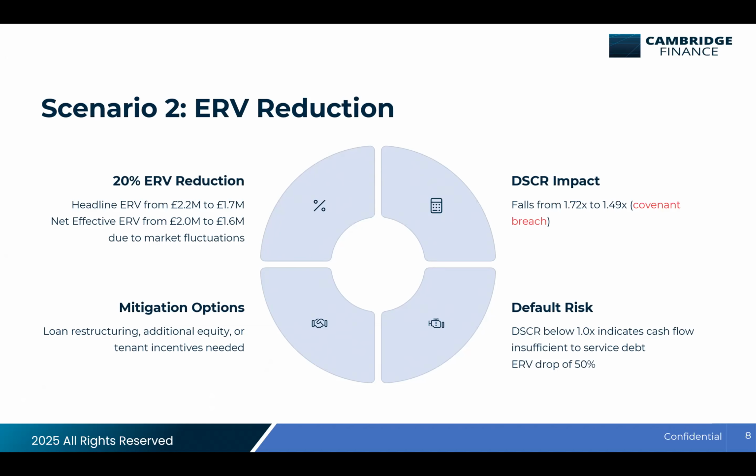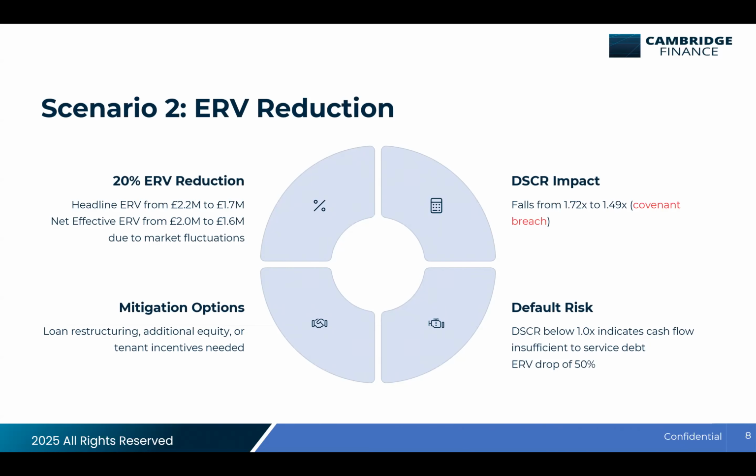And then scenario two is the ERV reduction. So a 20% ERV reduction will change the headline ERV from 2.2 million to 1.7 million. And the net effective ERV is going to go from 2 million to 1.6 million due to this market fluctuation. Okay. And then you need to look at what the impact is.